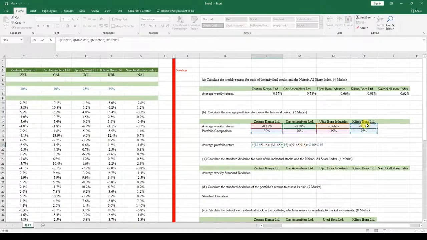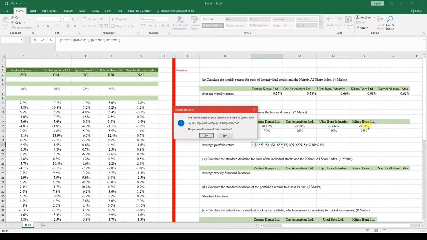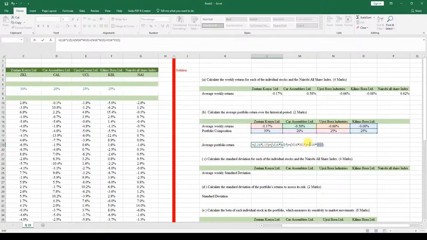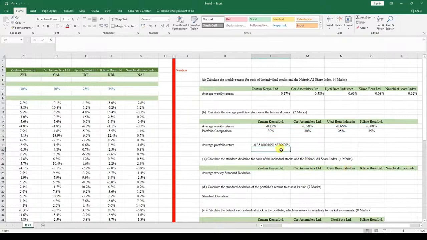Close the bracket, and we enter. I think I didn't put an open bracket here, that's why it's giving me those values there. So we open a bracket over here, and once we close it like that and enter, it will actually be okay.